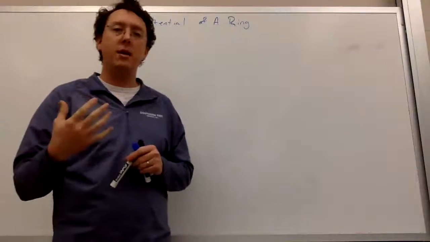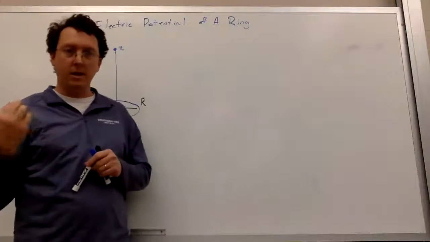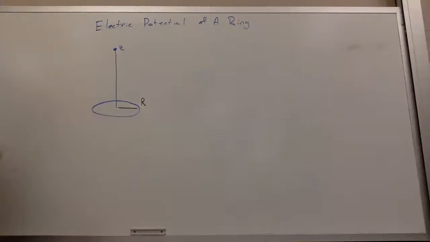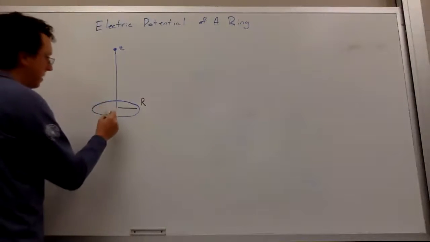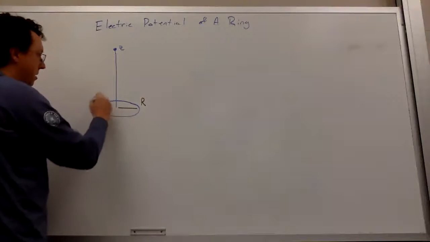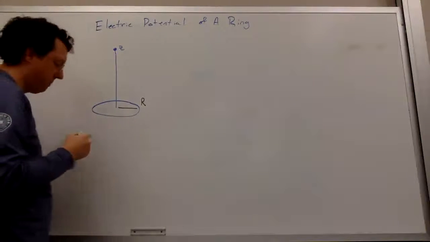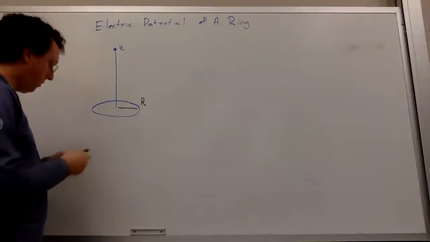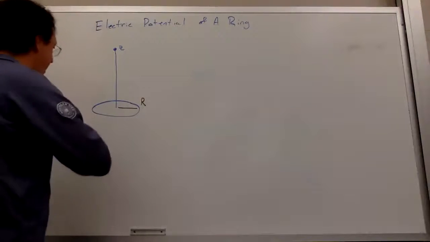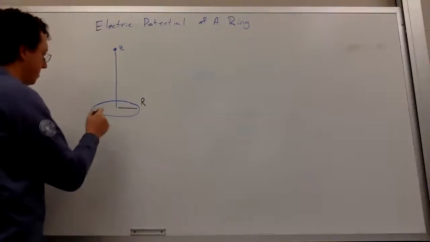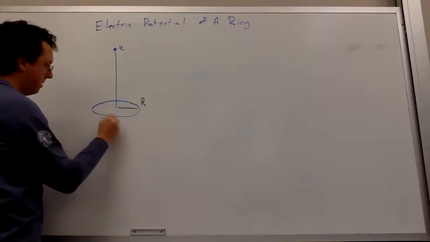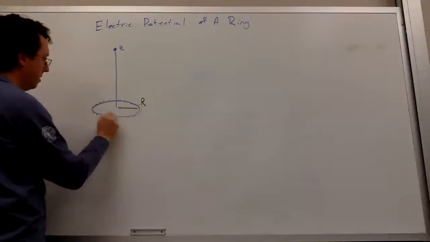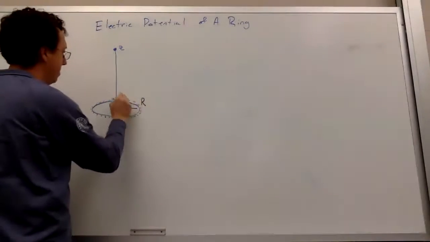So if you know the angle, you know immediately the place along the ring. So we have theta, it's going to run from 0 to 2 pi. We have charge spread all along that one-dimensional shape.